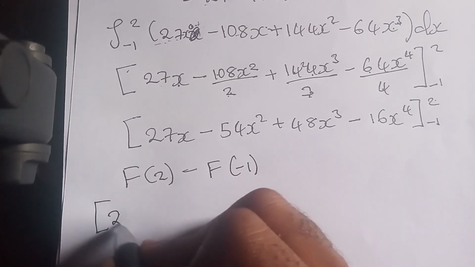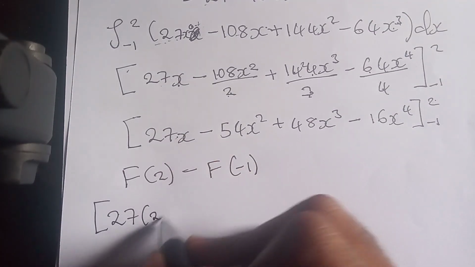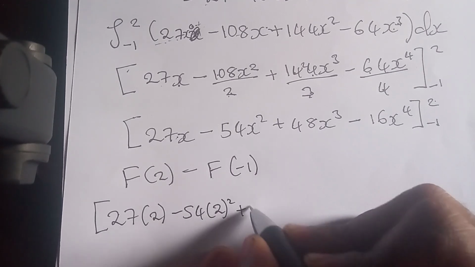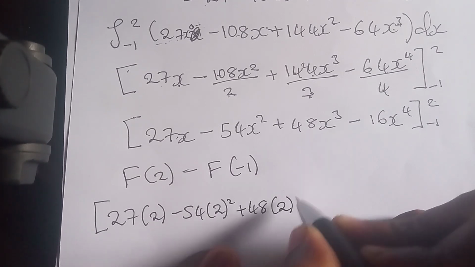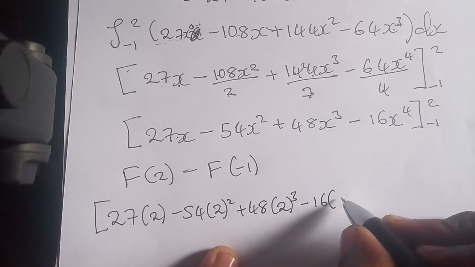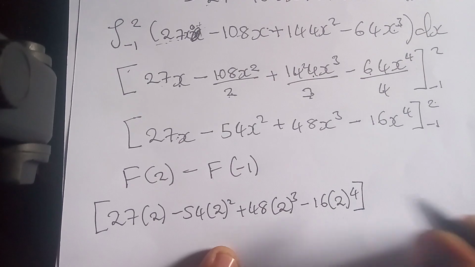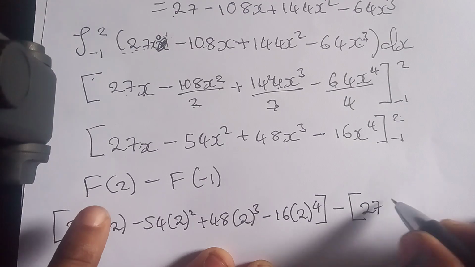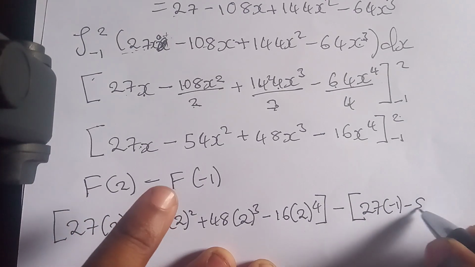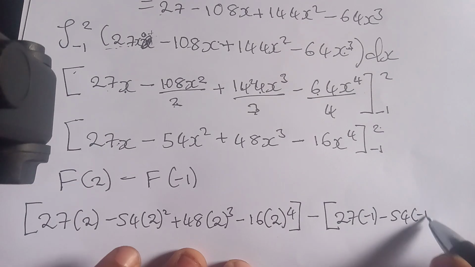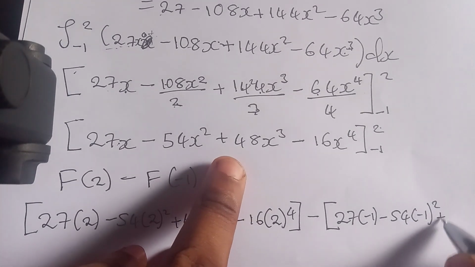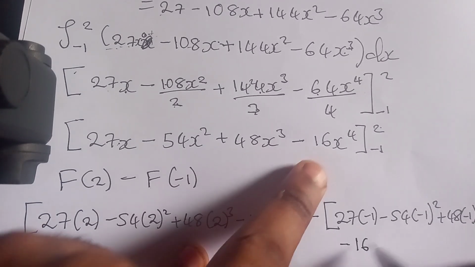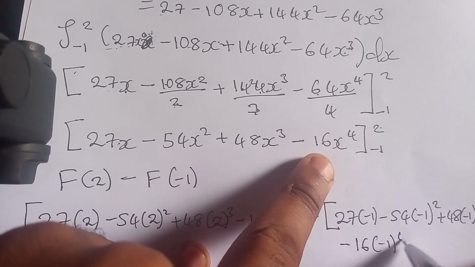So we can say 27, where there is x you put your 2, minus 54 times 2 squared, plus 48 times 2 cubed, minus 16 times 2 to the power 4, then minus 27 times negative 1, 54 times negative 1 squared, 48 times negative 1 cubed, minus 16 times negative 1 to the 4.